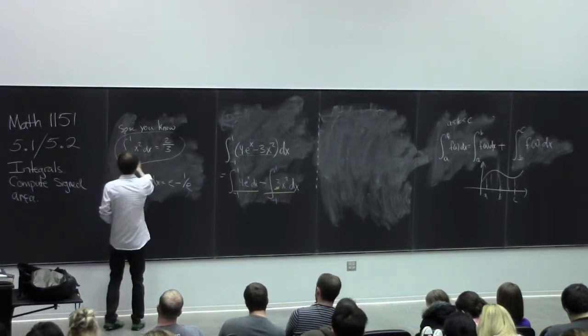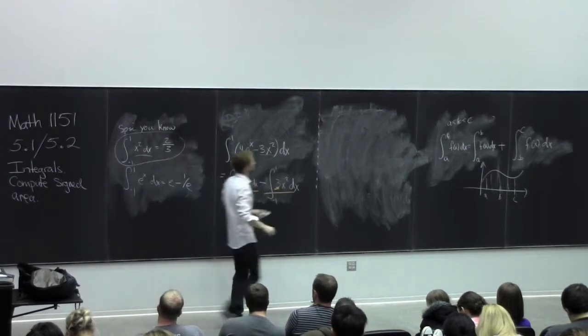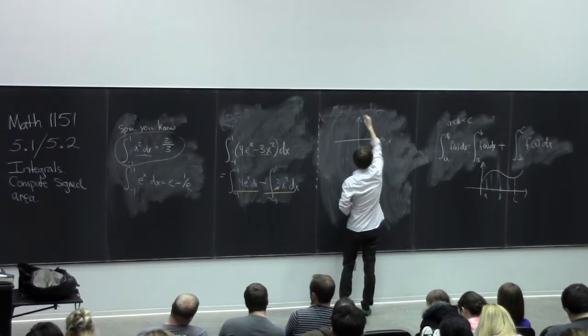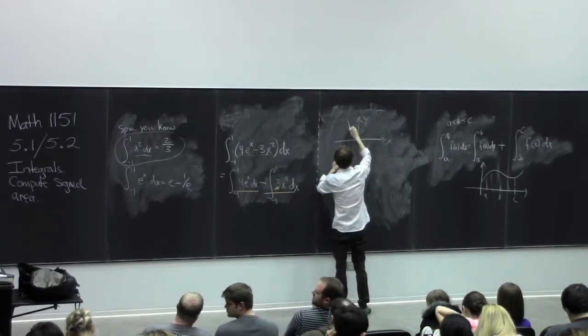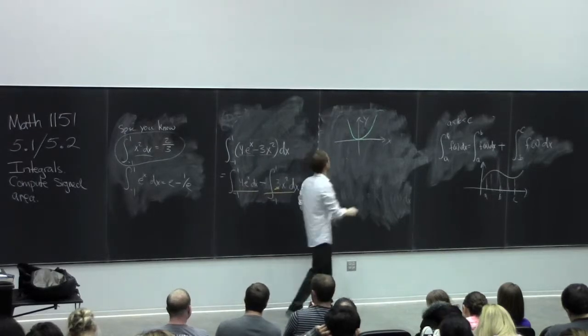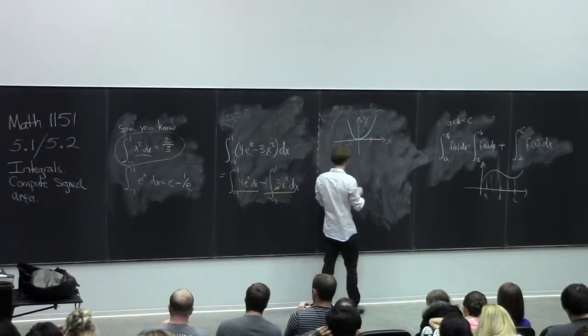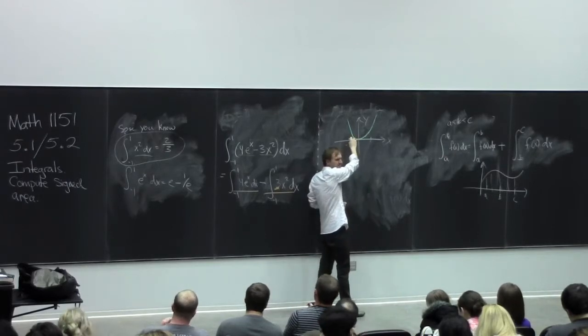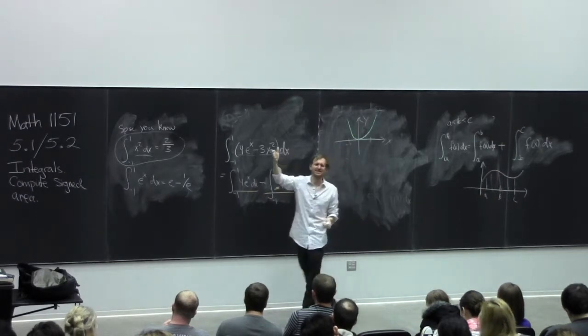And so let's focus for a second on this problem right here. So I have x, and I have y. And then there's my curve, right? And I'm going from -1 to 1. And, oh, is this area positive or negative? It's positive because it's above the x-axis.